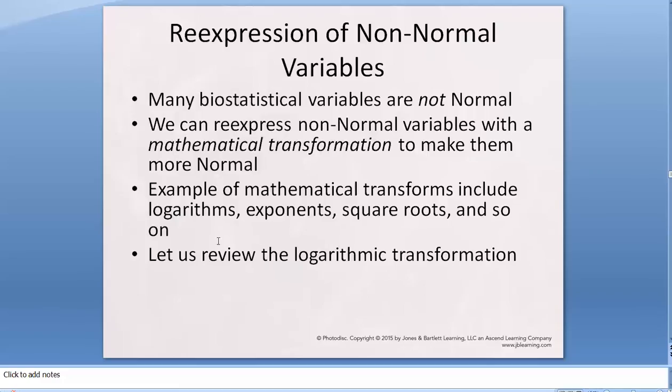Instead of working with y, you can work with the logarithm, and the logarithm of y will be normal. You can take the square root. Now this is an important thing, but nevertheless, we are not going to worry about this. But keep in mind, if you do a higher level stat class, definitely you'll go over this in more detail. In other words, some of the non-normal variables can be made to be normal by means of a transformation. Okay.